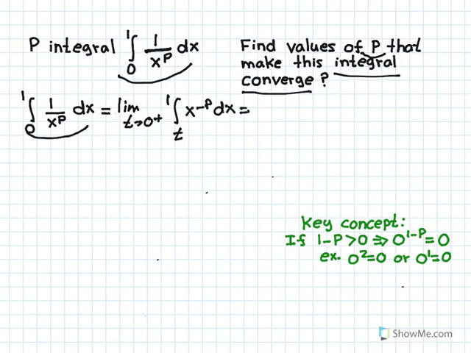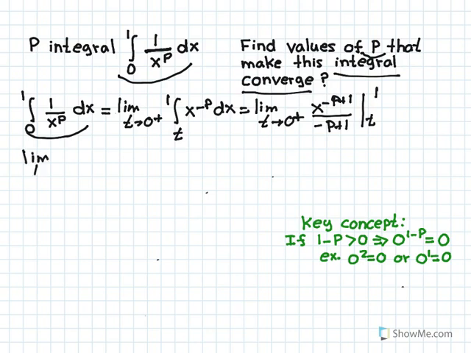Reverse the power rule, we get the limit as t approaches 0 from the plus side of x to the minus p plus 1, divided by minus p plus 1, evaluated from t to 1. Now let's apply the fundamental theorem of calculus.